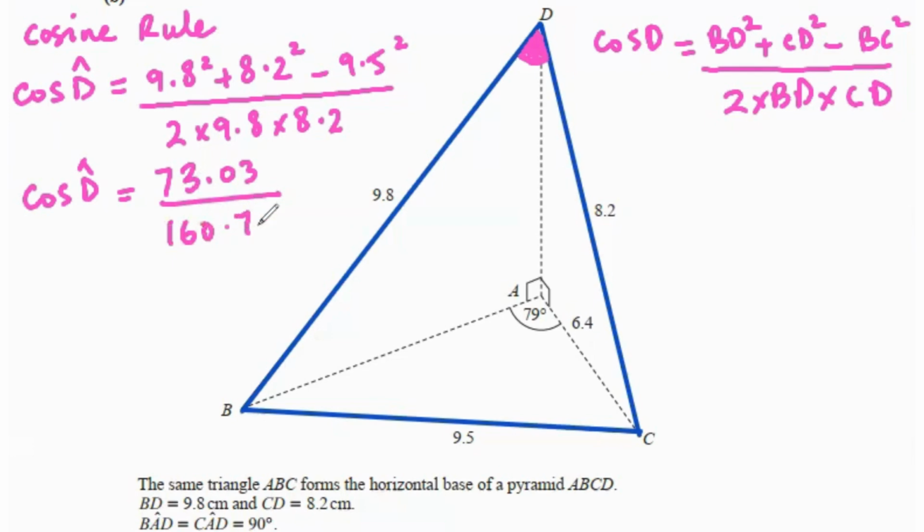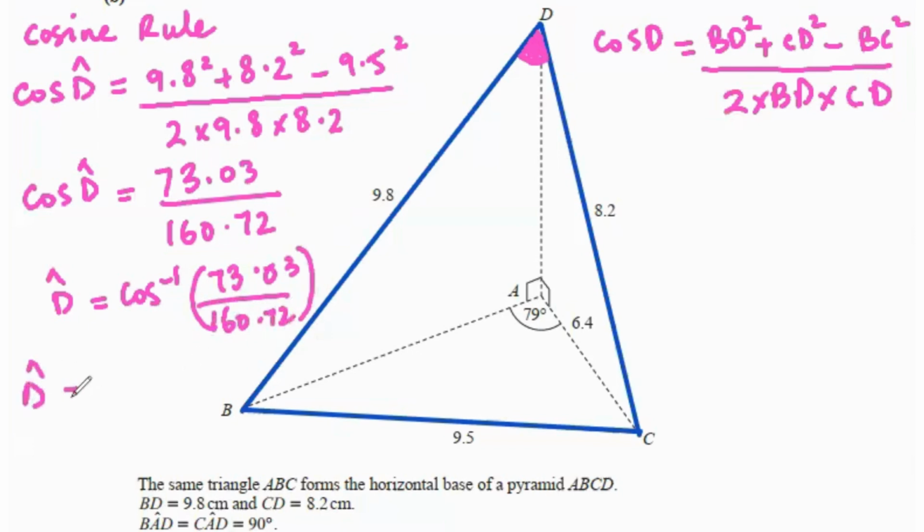That's 160.72. So angle D is going to be cos inverse of this, and that is going to give us 63 degrees.